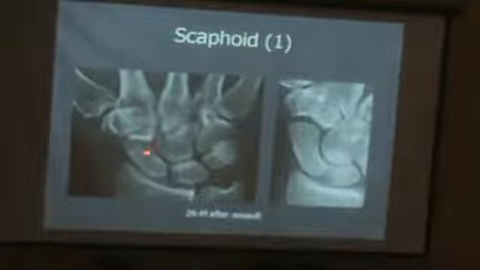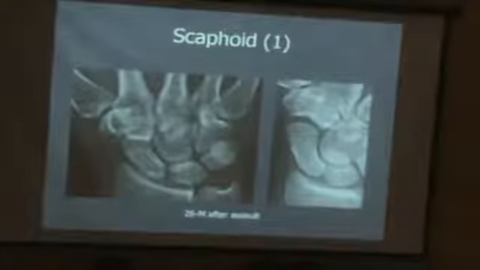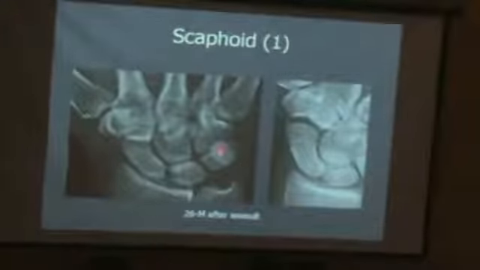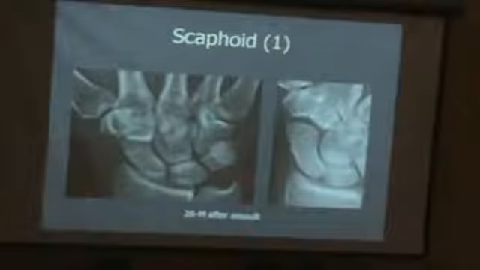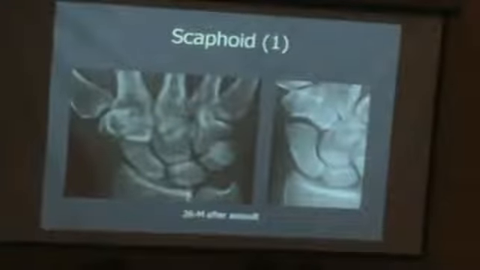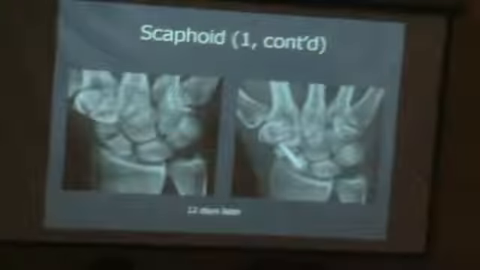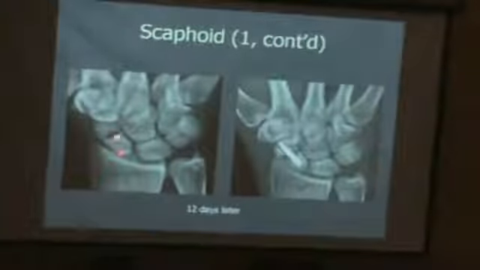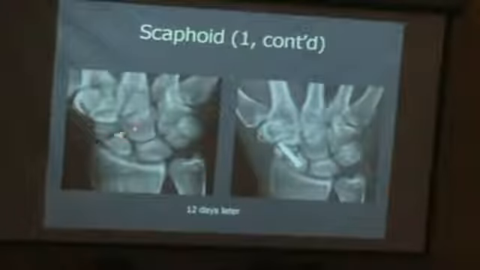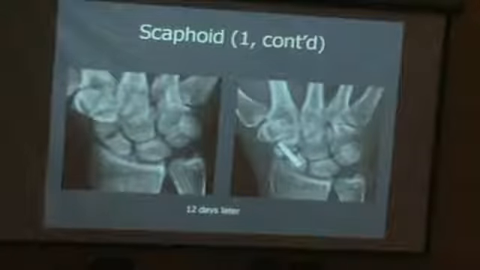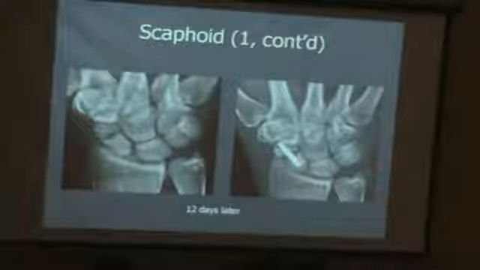So you don't need to be really there. There is a very tiny subtle line of fracture here, and if you look at the scaphoid view, you don't see anything. And this is 12 days later, because we didn't see it. What happened is, as you can see, osteonecrosis, probably of the proximal pole. Now the fracture is visible. They put a screw, but as you can see, the proximal pole of the scaphoid is really very dense.